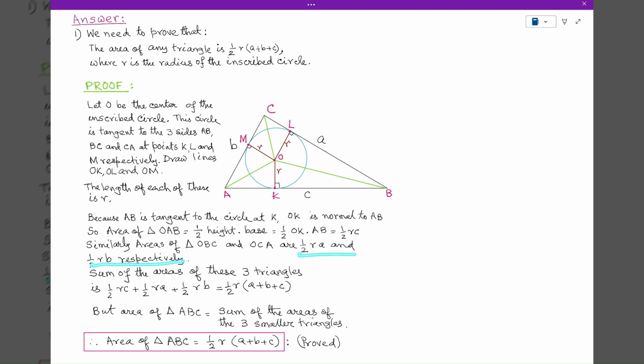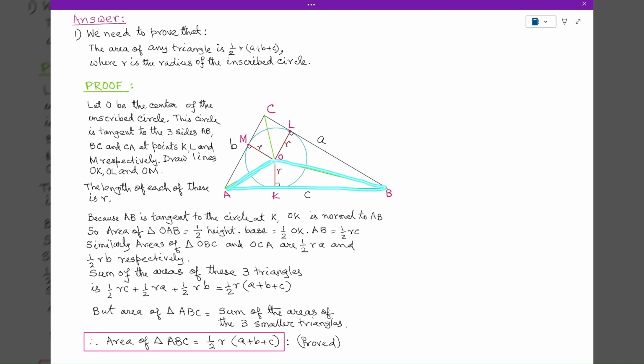Sum of the areas of the three triangles then will be half r into c plus half r into a plus half r into b, and that is equal to, if you take half r common, half r (a plus b plus c). But the area of the triangle ABC is the same as the sum of the areas of these three triangles.